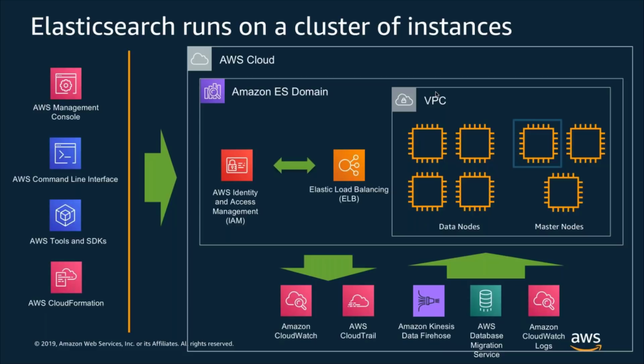Those master nodes do provide a good deal more stability, and we do recommend that you use them for production settings. We have a load balancer in front of the cluster, so when requests come in, they're load balanced across the data nodes. And then we publish an endpoint via Route 53, which exposes the cluster for you to use the regular Elasticsearch APIs that you would normally use.